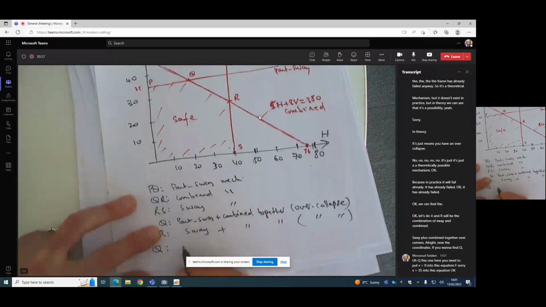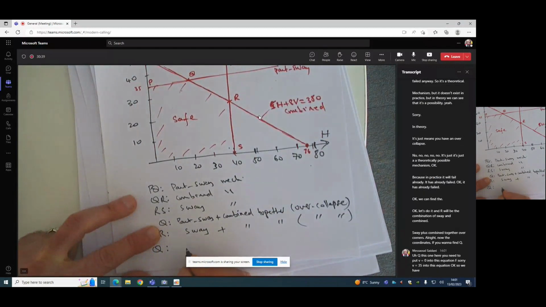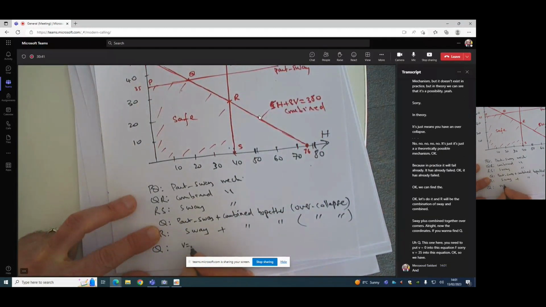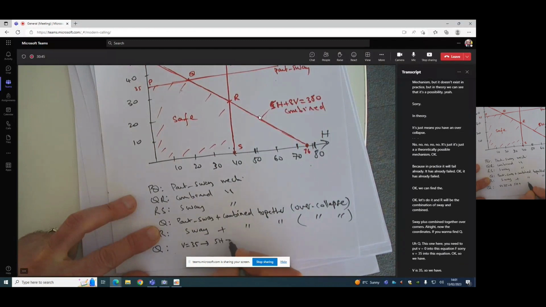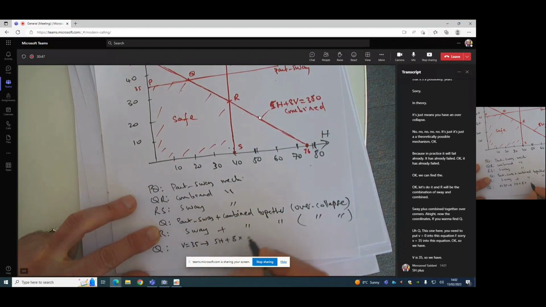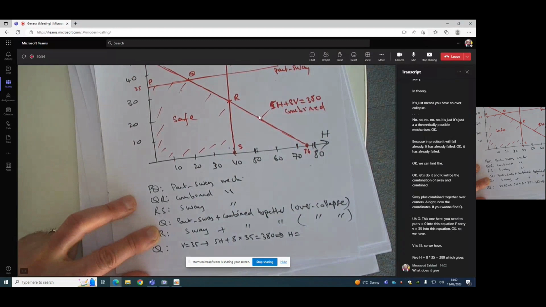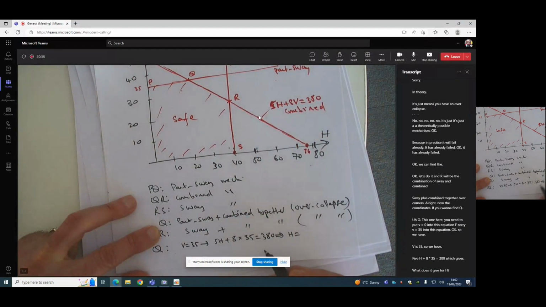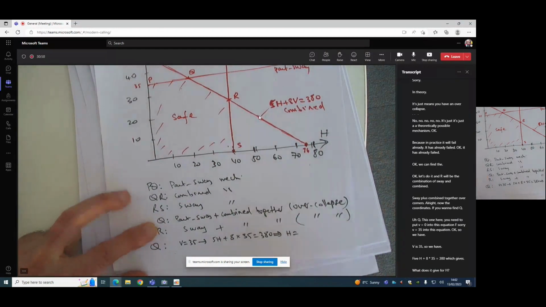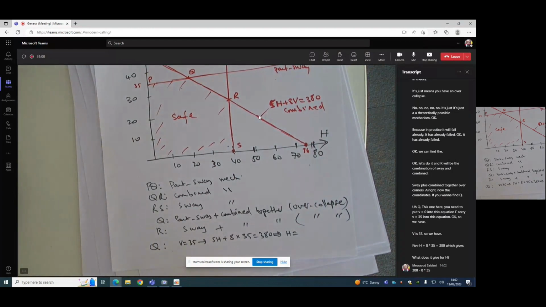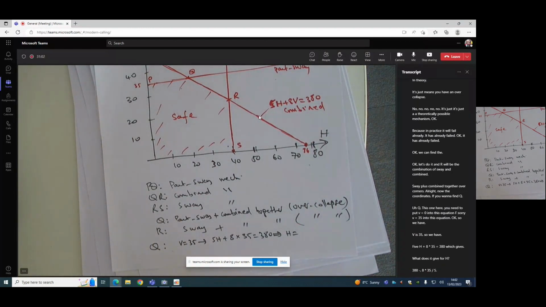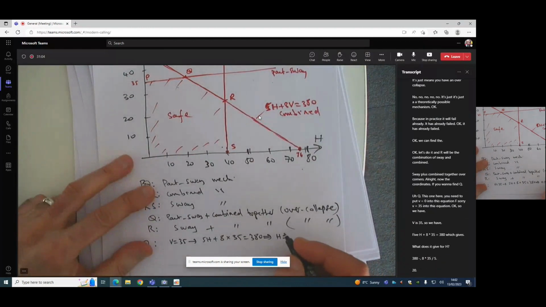So we have V is 35. So 5H plus 8 times 35 equals 380, which gives, what does it give for H? 380 minus 8 times 35, divided by 5, which is 20.